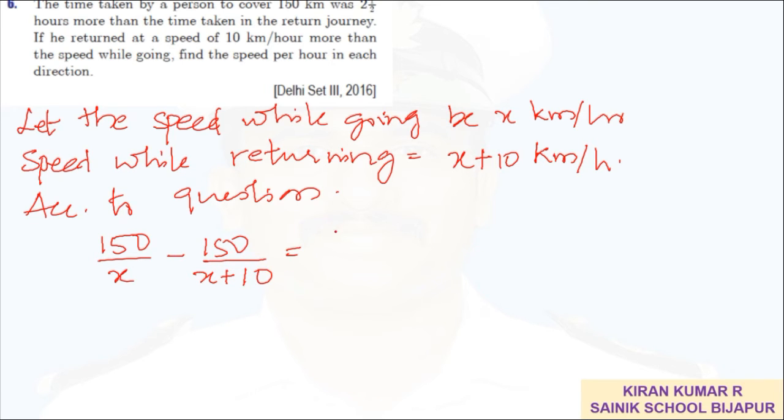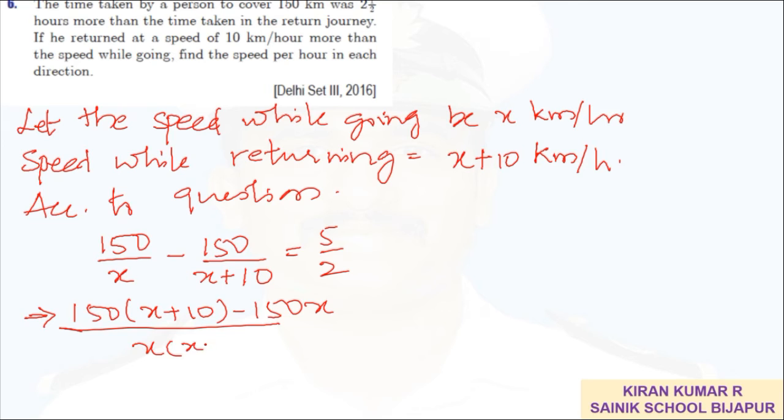The difference in the time is 2.5 hours, which is nothing but 5 by 2. This has to be simplified. Let me take the LCM. We will be getting 150 times 10 divided by x into (x + 10) equal to 5 by 2. Here upon simplification, 150 multiplied by 10 will be 1500.